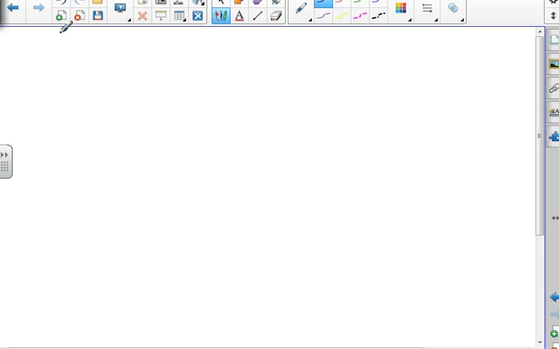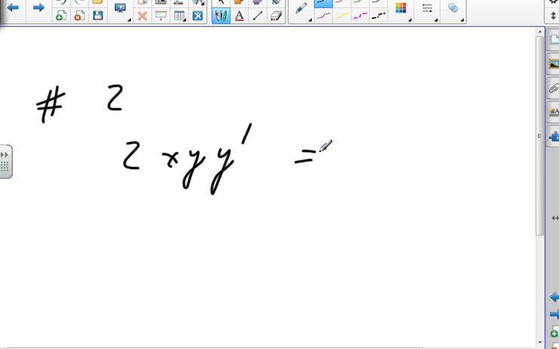All right. So we'll start in the problem set with number 2. I got number 2, and we're going to do these guys by substitution. So I have 2xy y prime is equal to x squared plus 2y squared.